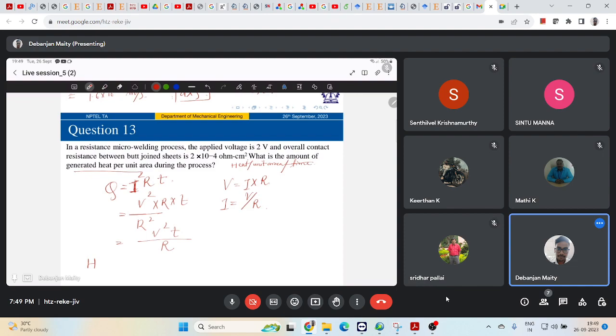So if I am asking you per unit time heat, that's simply V square by R. V square is 2 square, over 2 into 10 to the minus 4, that is 2 into 10 to the 4 per centimeter square. I should have provided the time. It's fine.